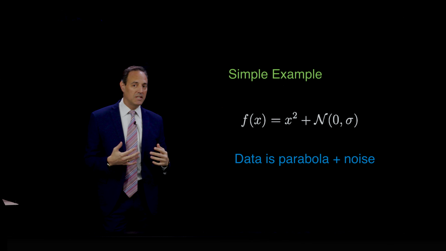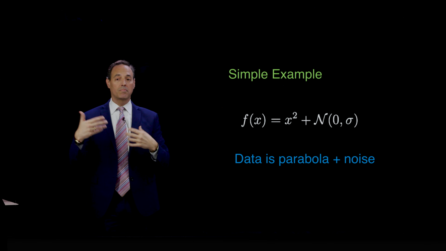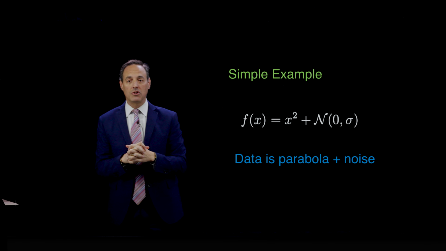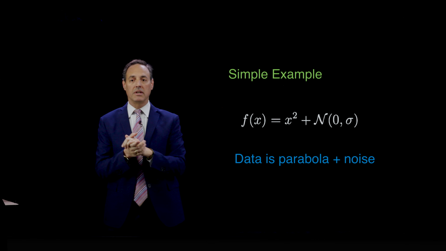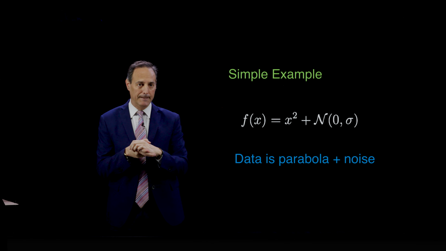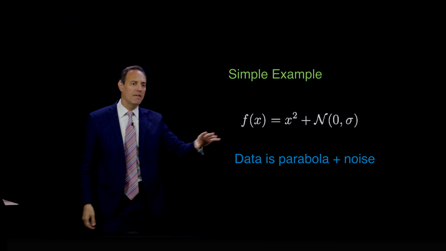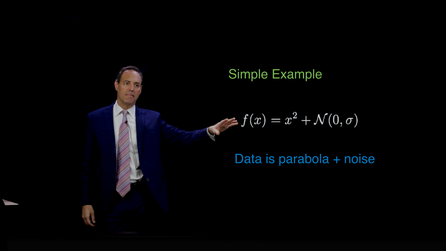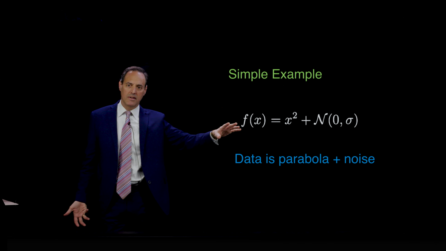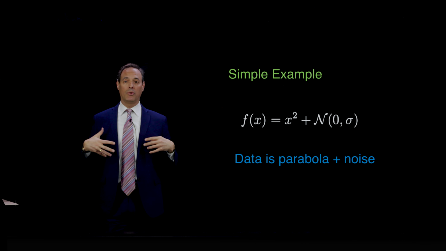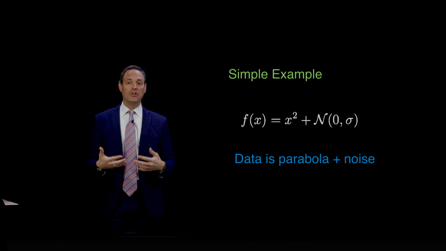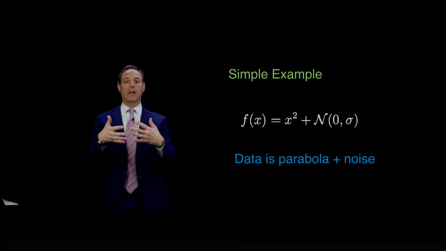But what you're going to see is, when I go solve this problem, how do I do it? What are the consequences? What do regularizations imply? Now it's easy enough for me to write down this model ahead of time and say f(x) equals x squared, so I know what the truth model is. However, in general, when you come to a problem with data, you do not know what the model is.